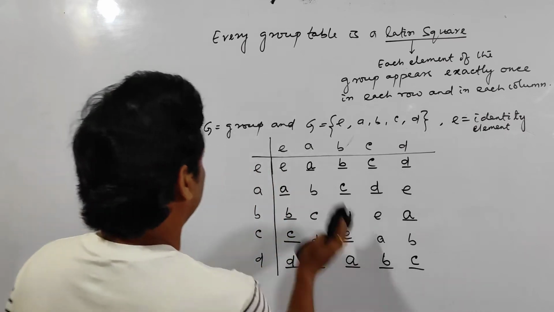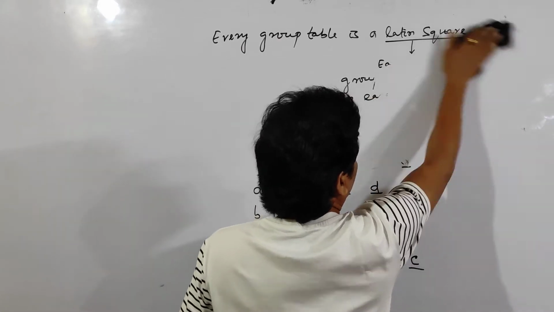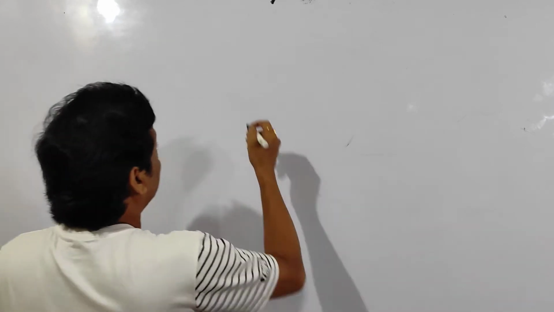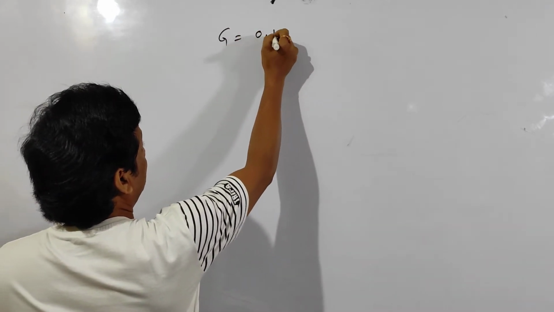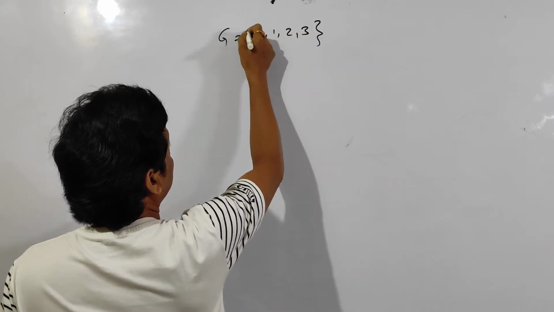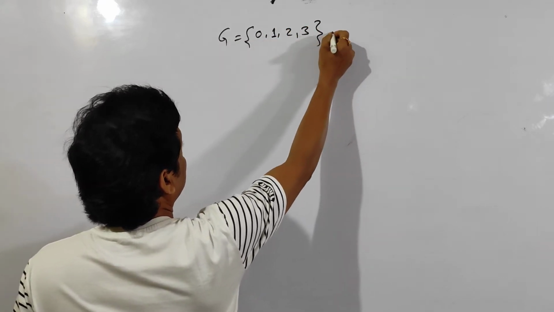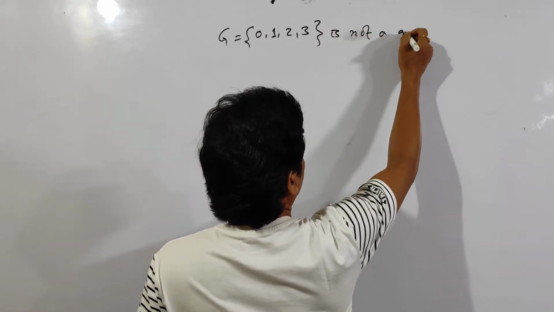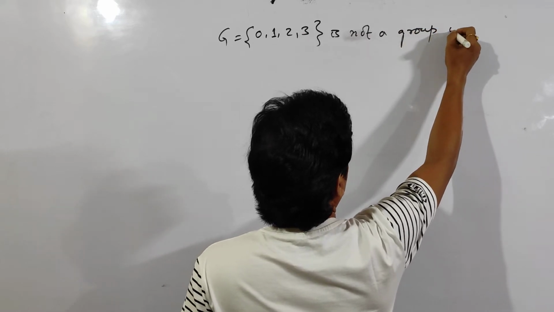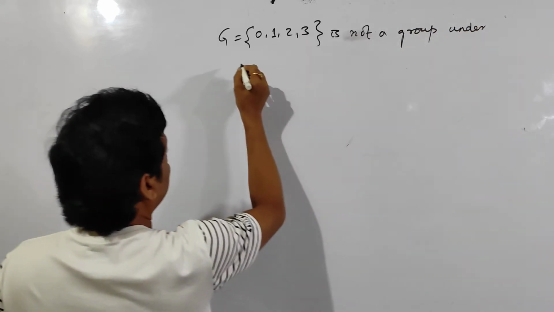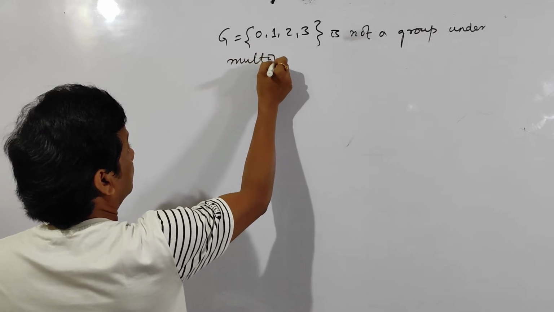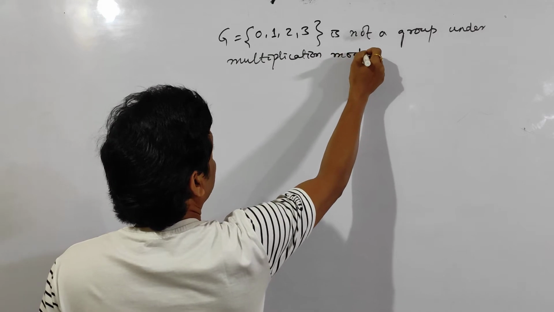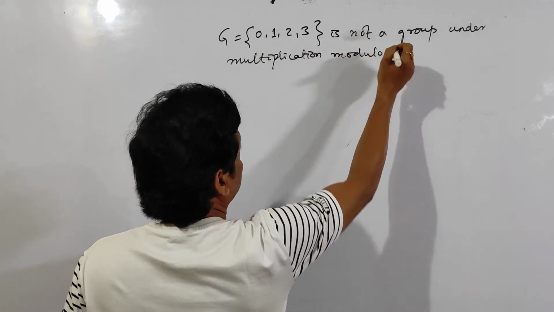Okay, let us see another question. Another very interesting question. G is equal to {0, 1, 2, 3} is not a group under multiplication modulo 4.